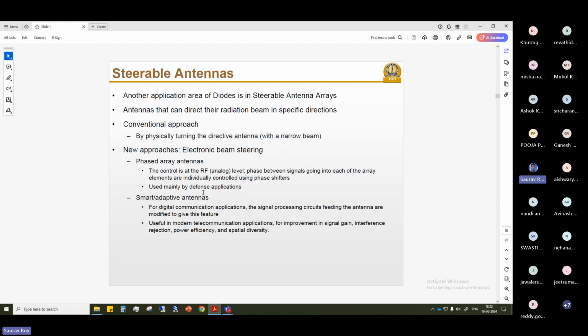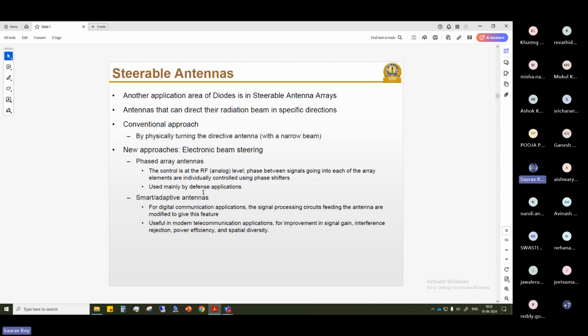The new approach, though it is not so new, it is quite like maybe still for half a century people are using, is electronic beam steering. So instead of moving this antenna system mechanically, we will steer the beam electronically. Electronically is how? By using these phase shifters or controlling the phase states of the antenna.